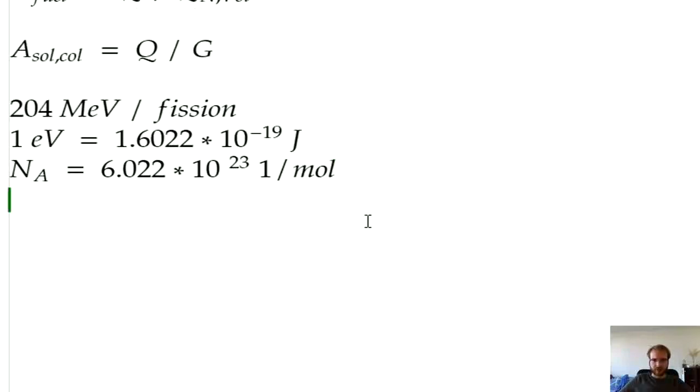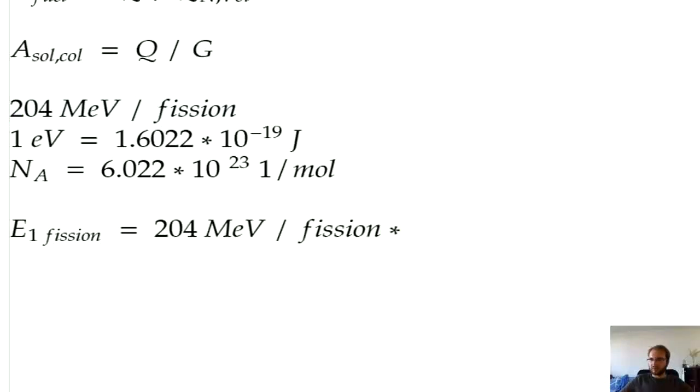Okay, how to go on from this? So the energy per single fission is, we have it here, 204 mega electron volts multiplied by the 1.6022 times 10 to the minus 19 joules per electron volt.